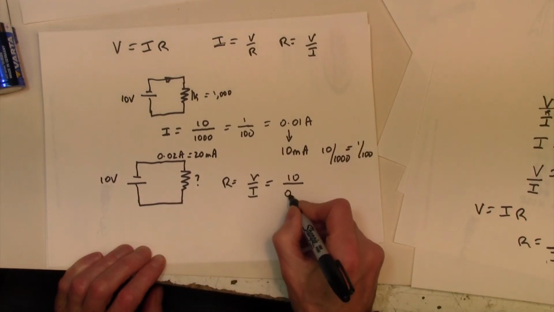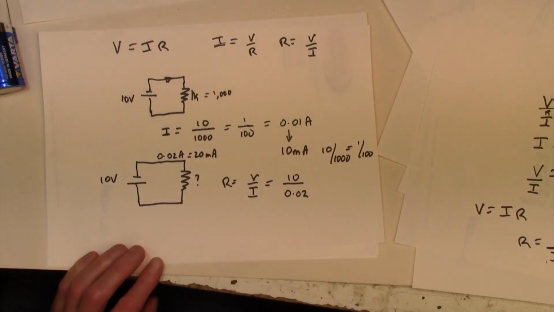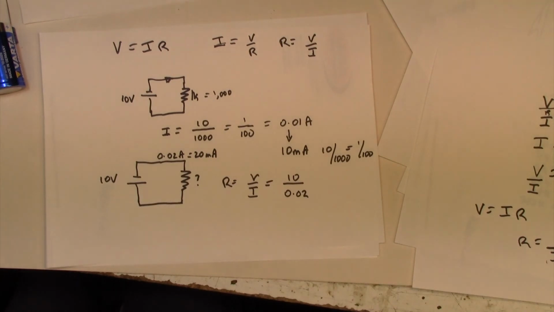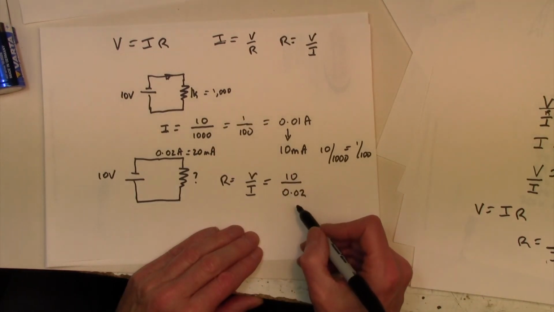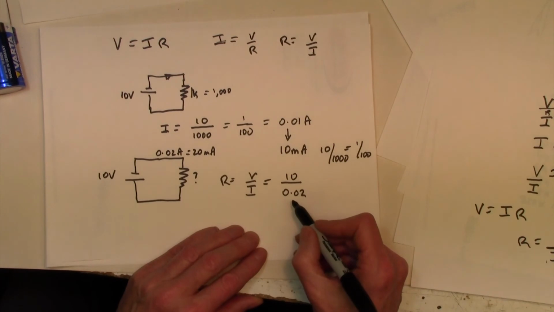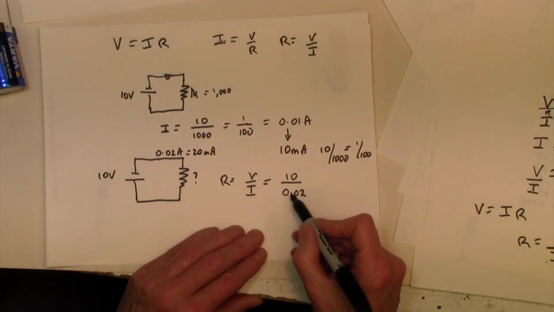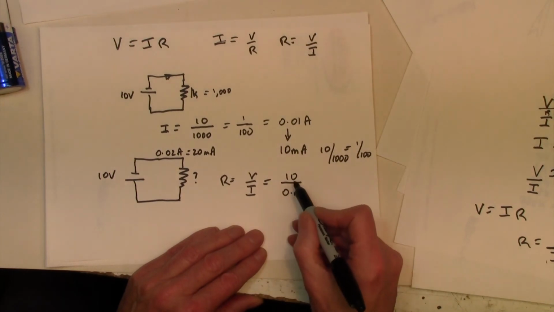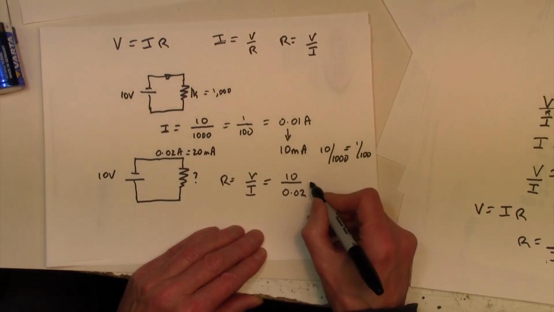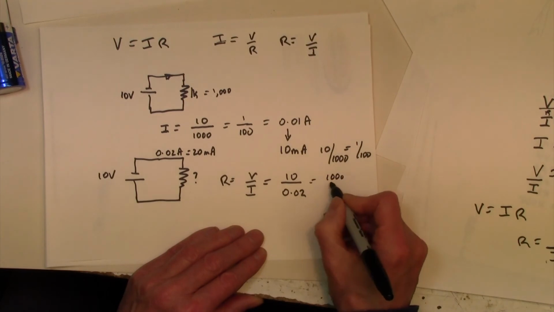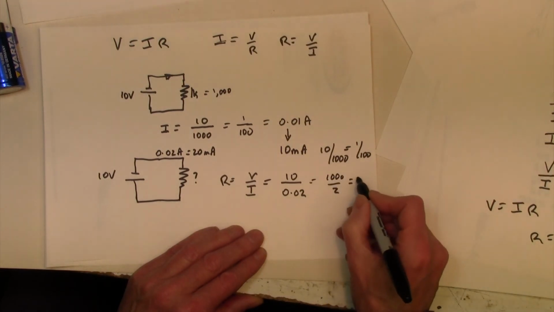So it's 0.02 of an amp. You could use a calculator to do this, or quite simply, we want to get rid of this awkward decimal, so let's multiply the bottom by 100, make it 2. Multiply the top by 100, make it 1000, so it's 1000 over 2, which is 500.